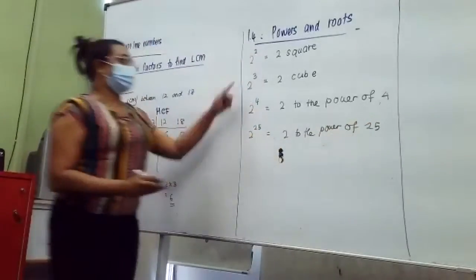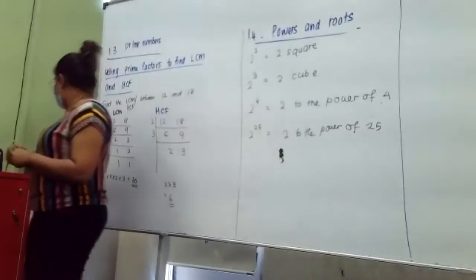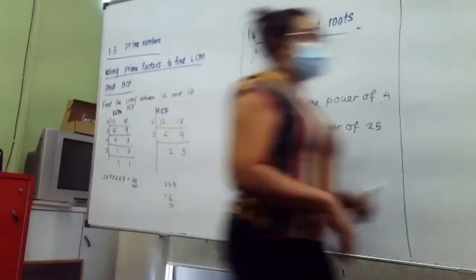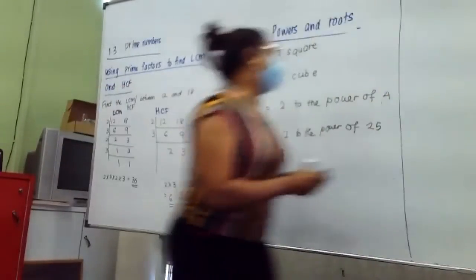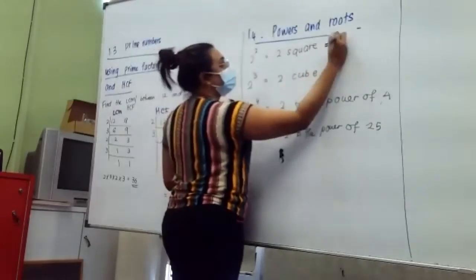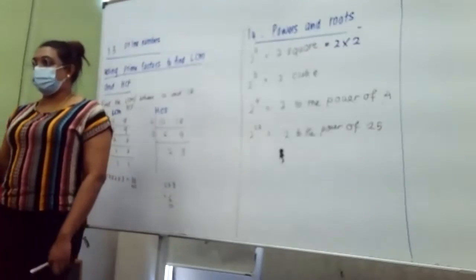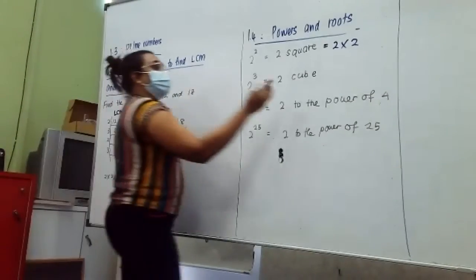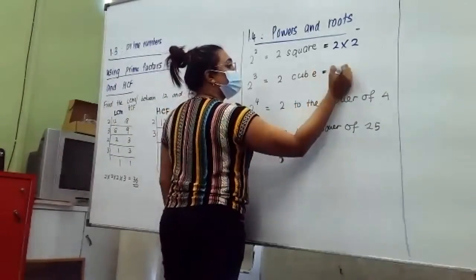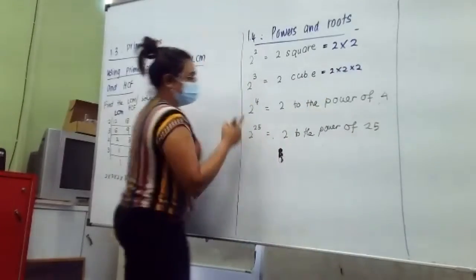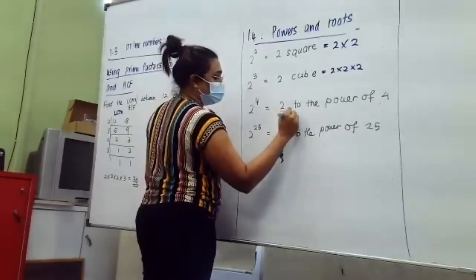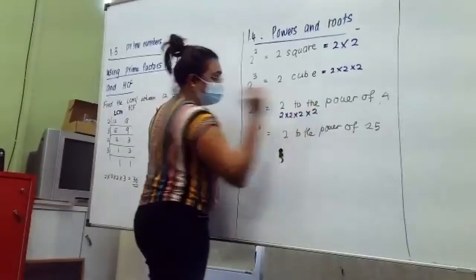Okay. So when it comes to this kind of scenario, it means that 2 square means 2 times 2. 2 cube means 2 times 2 times 2. 2 to the power of 4 is 2 times 2 times 2 times 2.